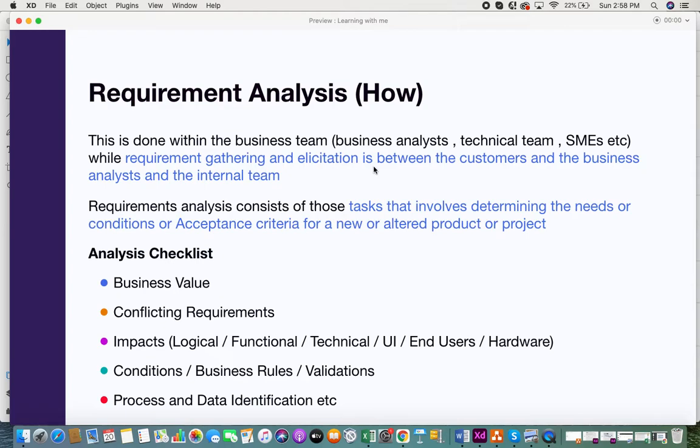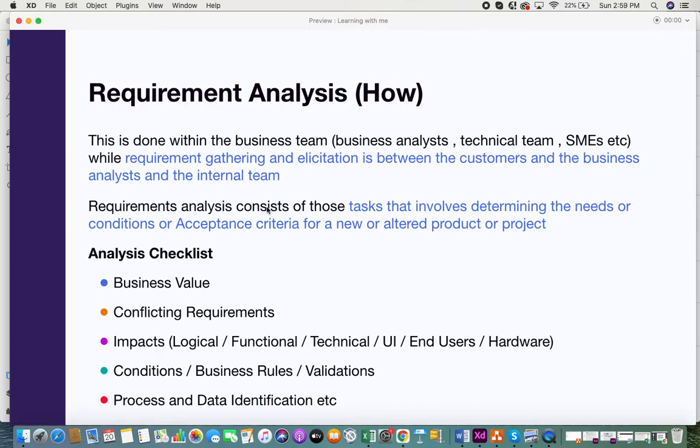Not always will the clients and customers be involved in the analysis part. It will be on the business analyst side, and when it's related to technical aspects, you'll find the technical team pitching in for the analysis. So that's how the analysis works.